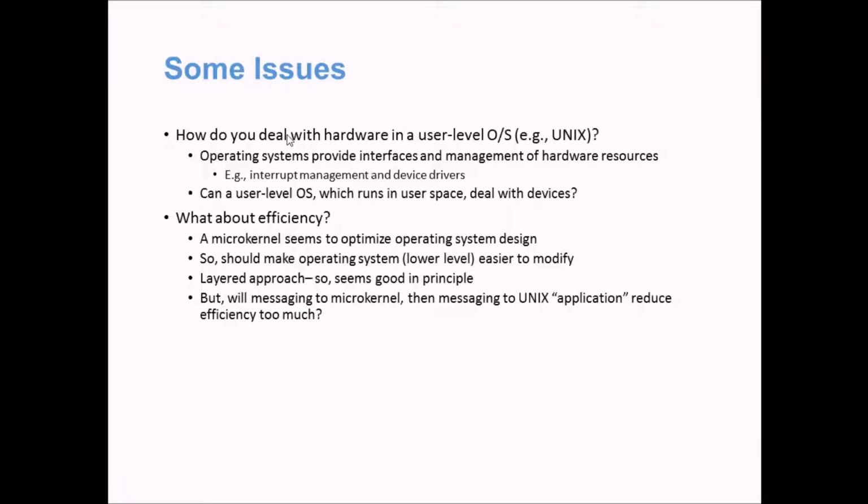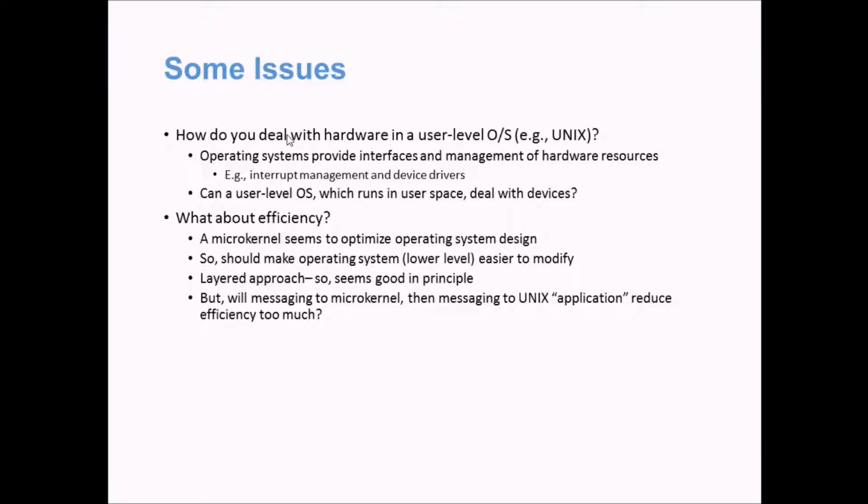But what about efficiency, and what does the microkernel do regarding the efficiency of the OS on Mach? A microkernel seems to be an optimized operating system design. With the layered approach, it can make the OS more efficient.